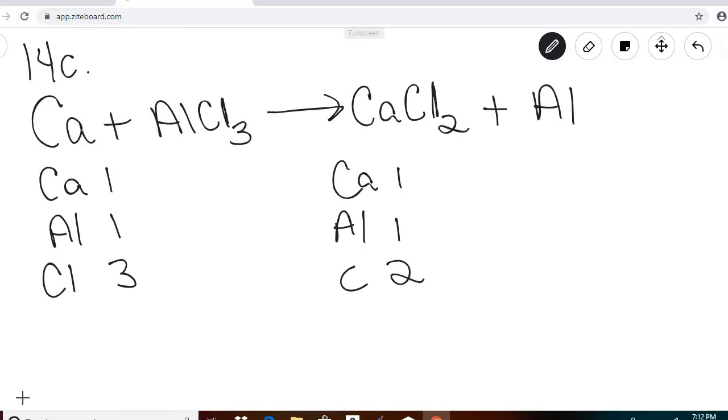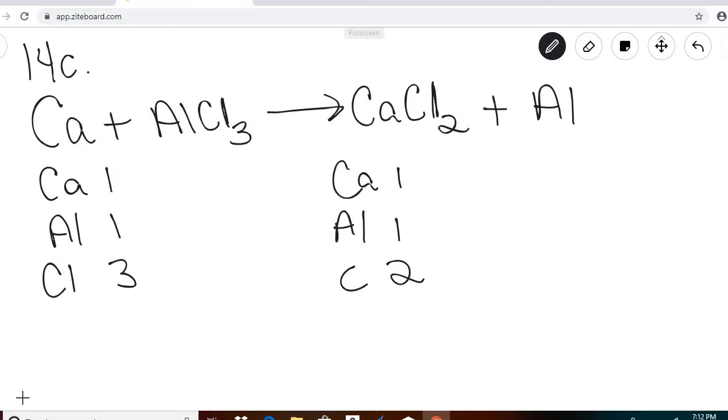Since the calcium and aluminums are okay at this point, we won't do anything with those. So then we have to get the chlorines to balance.